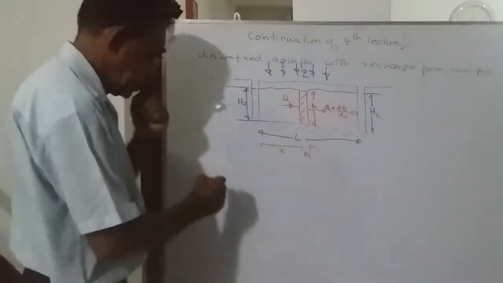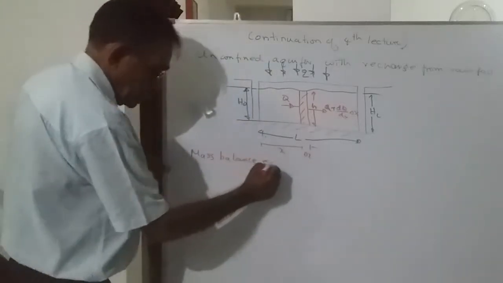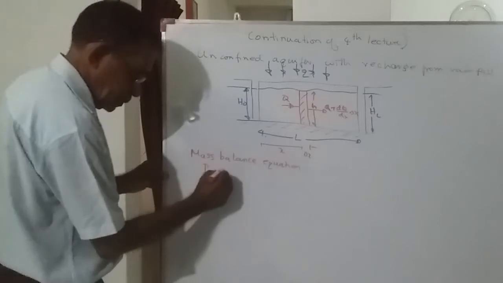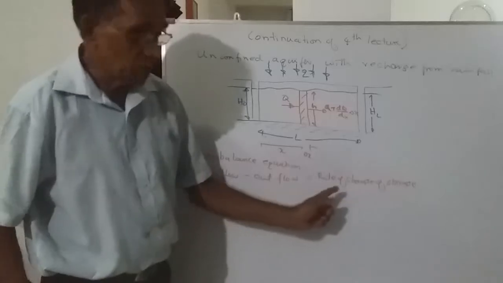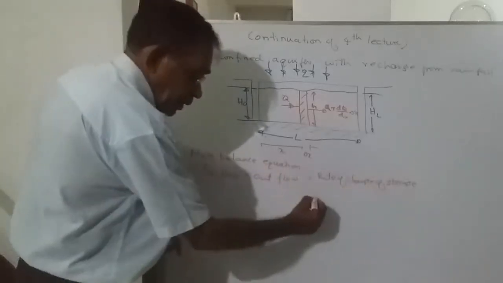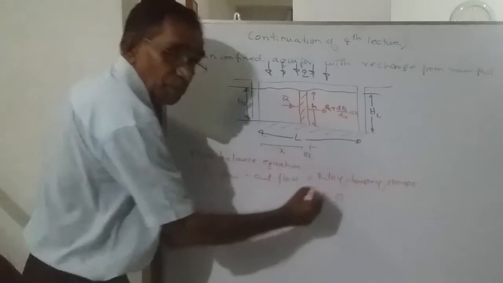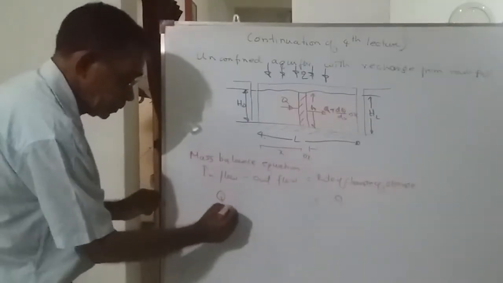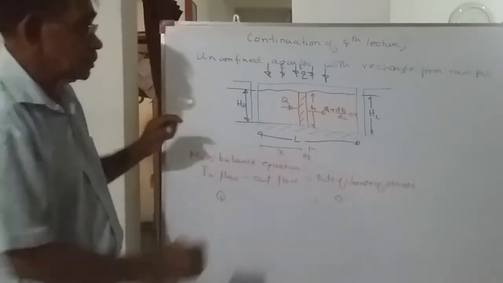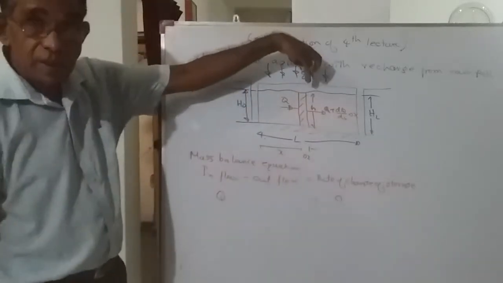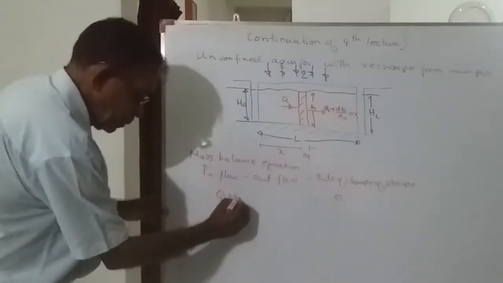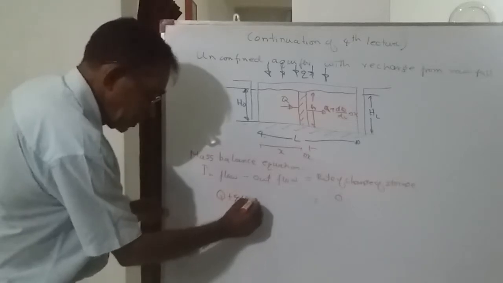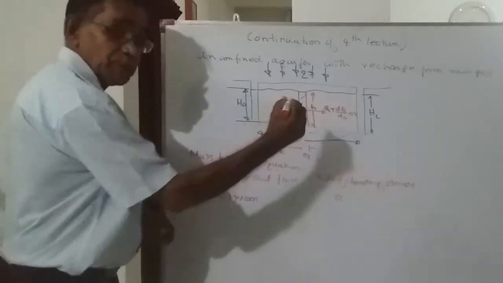Now we can write a mass balance equation. That is basically inflow minus outflow is equal to the rate of change of storage. Here the rate of change of storage is equal to 0 because we are going to consider steady state conditions. Inflow is Q, plus there is rainfall coming in, q times delta x times 1, running the depth into the board.